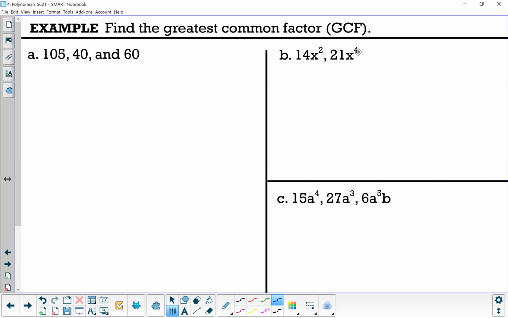Starting with 105, we can factor it into 5 and 21. 5 times 21 is 105. Then 7 times 3 is 21. So our prime factorization of 105 is 3 times 5 times 7.